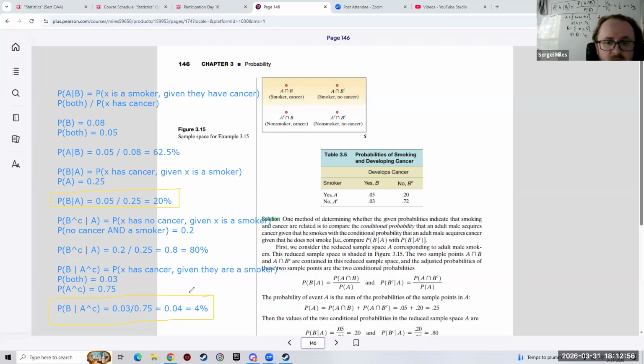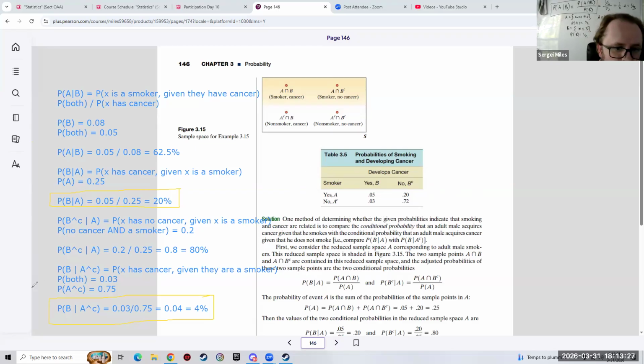So now we have a clearer picture by looking at the conditional probabilities. At first glance, this table doesn't tell me that kind of information, but we can calculate it using our formula for conditional probability. That's the big take home for how we can use this formula to study statistical information in the real world.